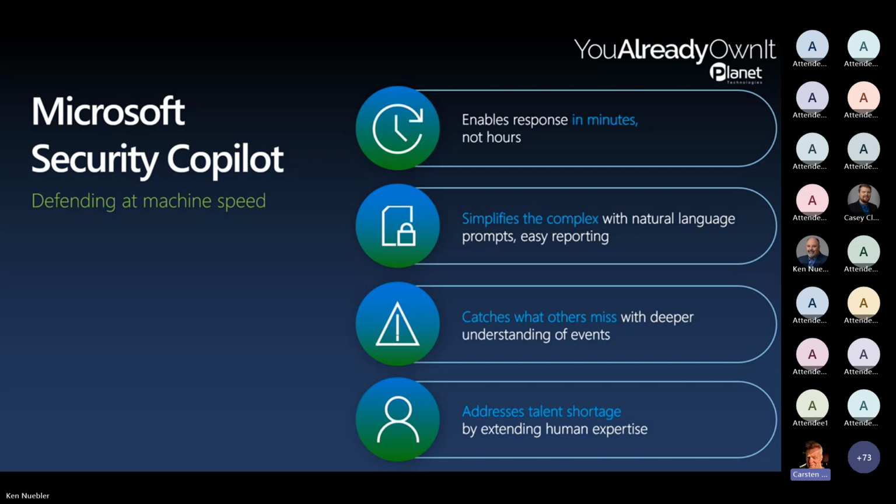So the response time to get to the bottom of incidents and the vast amount of alerts that we might be dealing with is greatly improved. So the time saver here is a big takeaway using Security Copilot.